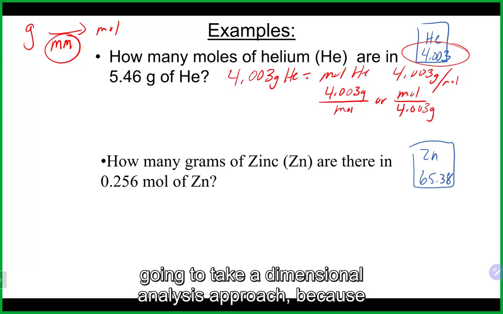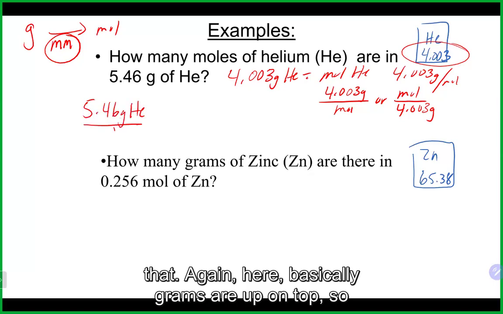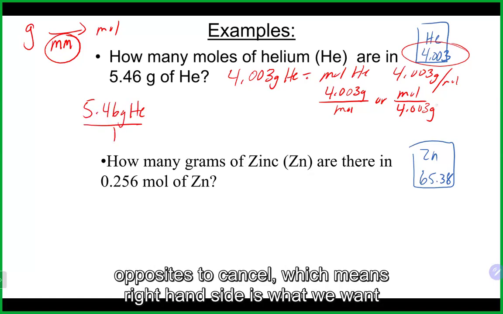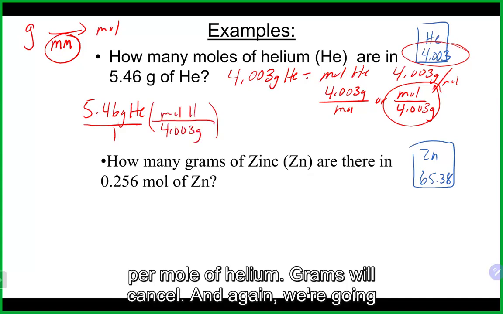We're just going to take a dimensional analysis approach because remember, it will kind of work itself out for you if you do that. Here, grams are up on top, so opposites cancel, which means the right-hand side is what we want to use here. We're essentially dividing by the 4.003 grams per mole of helium.